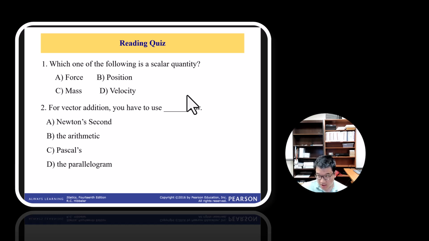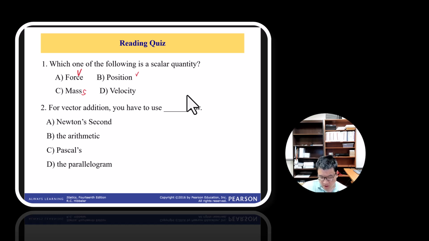Force definitely has a magnitude and a direction, so it is a vector. Position is also a vector. Mass is a scalar. And velocity also has direction, so it is a vector.